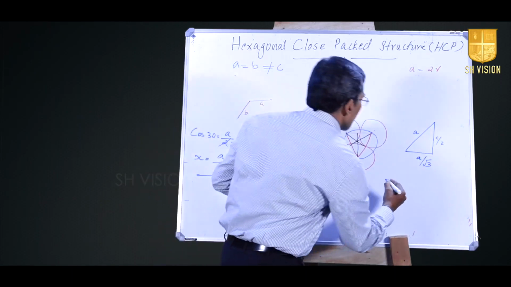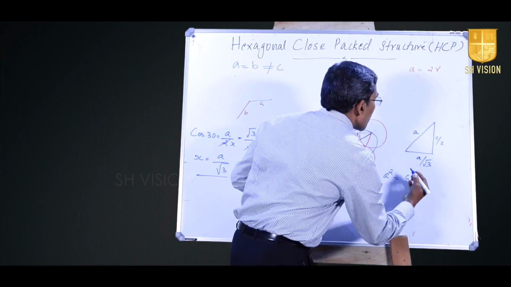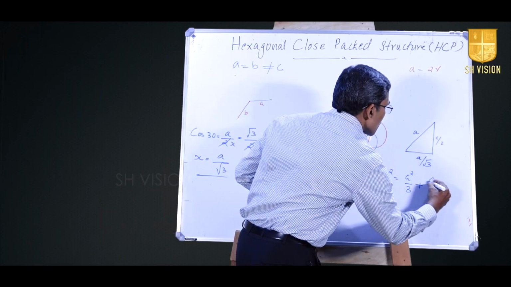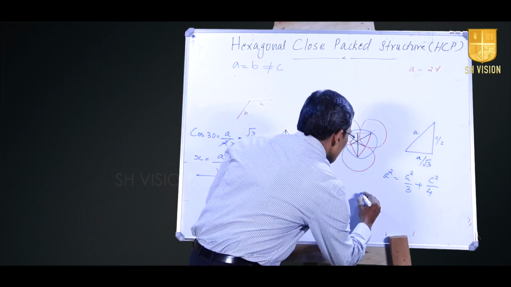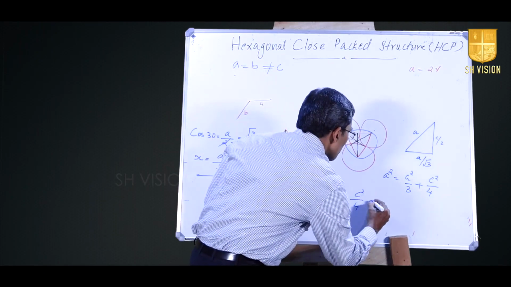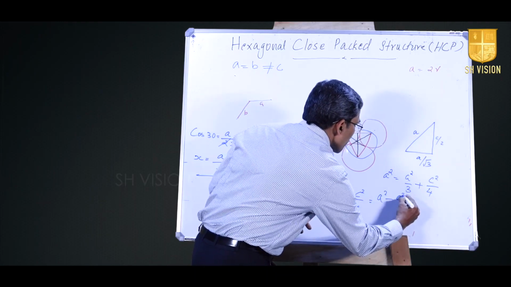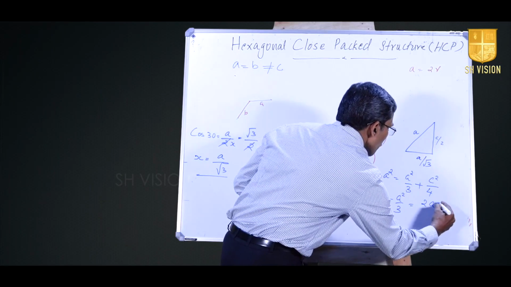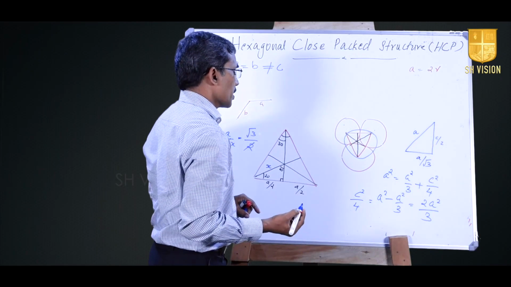Therefore, we can write a square is equal to a square by 3 plus c square by 4, or c square by 4 is equal to a square minus a square by 3, that is equal to 2 by 3 a square.